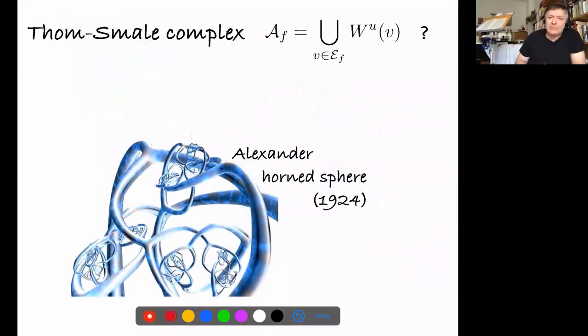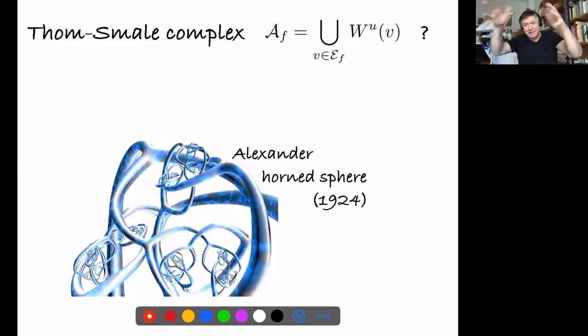However, there is a problem. If you follow the unstable manifold of an equilibrium, a critical point, downwards in the functional, then this is locally an n-dimensional disk. Let's say a three-dimensional disk, so it's a ball. As you approach the boundary of this unstable manifold, that's where the heteroclinic connections to the target equilibria sit.